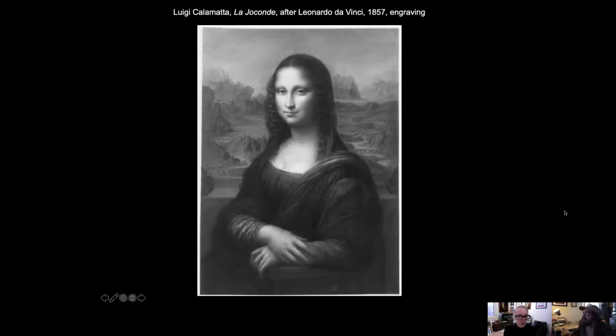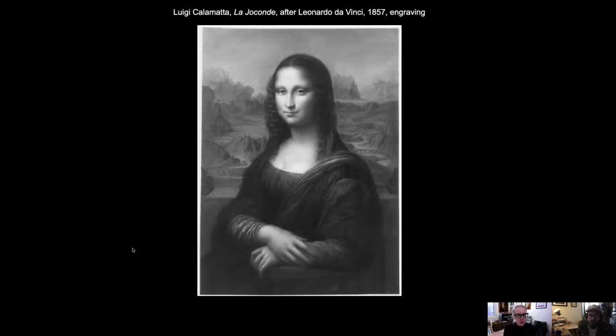And one thing that I also think is worth underscoring is the fact that Calamatta, the printmaker who made this print, fashioned himself as this person who was obsessed with this project. And there are stories of other artists coming into his studio and admiring all this labor that he was putting into this reproduction.